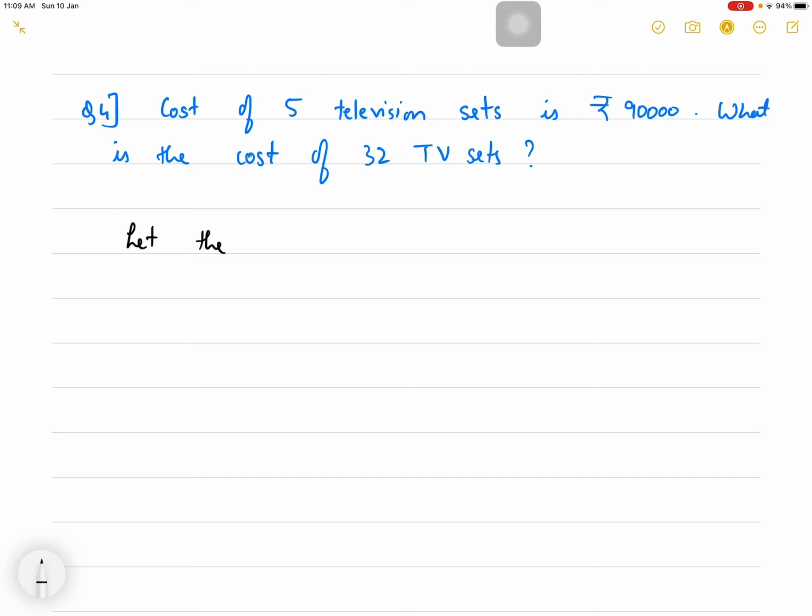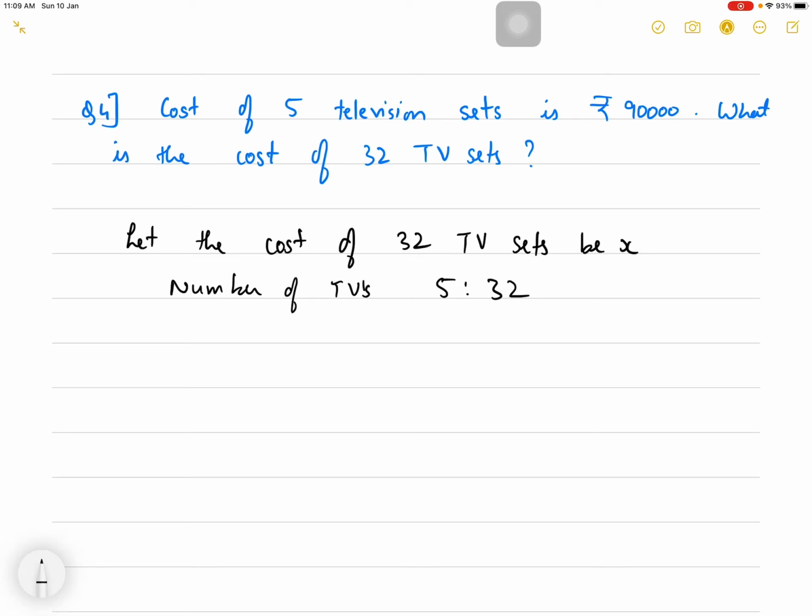Let the cost of 32 TV sets be x. So the ratio of number of TVs is 5:32.